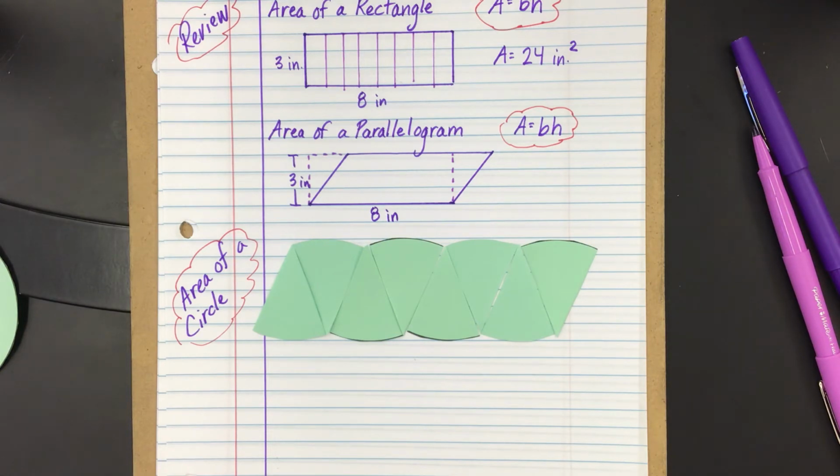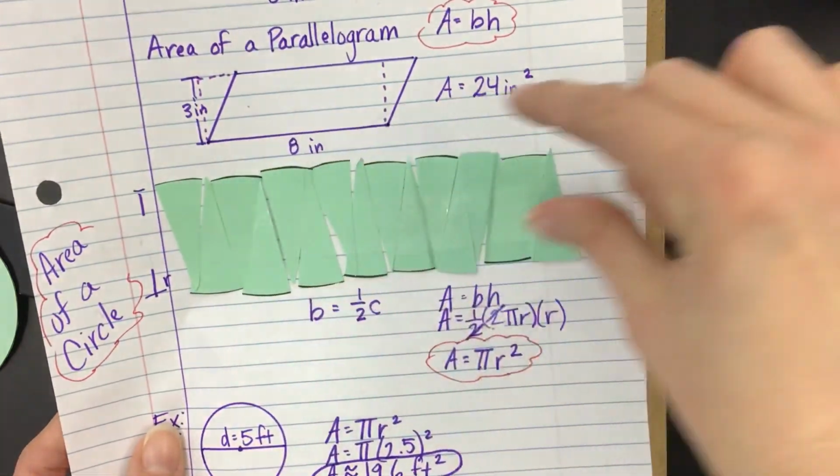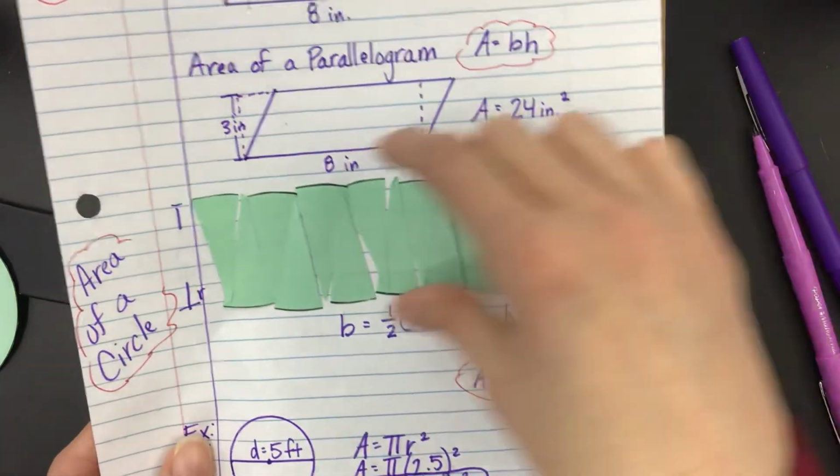Does it look any easier to find the area like that? What shape does that kind of look like? Yes, it's starting to look like a parallelogram, right? And if I were to cut these again and make it even smaller, it's going to get even closer to a parallelogram. In fact, it will look almost like a rectangle, okay?